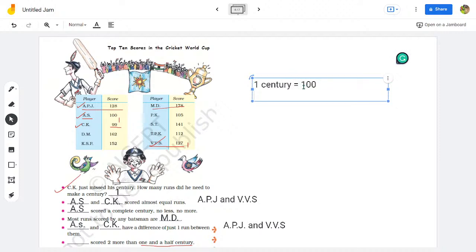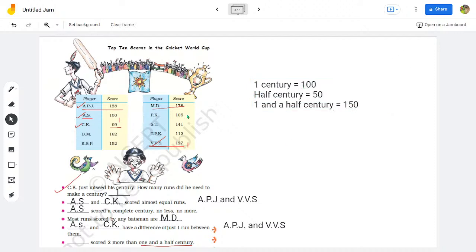So half of 1 century would be how much? Half of 1 century would be 50. So 1.5 century means 150 runs, right?